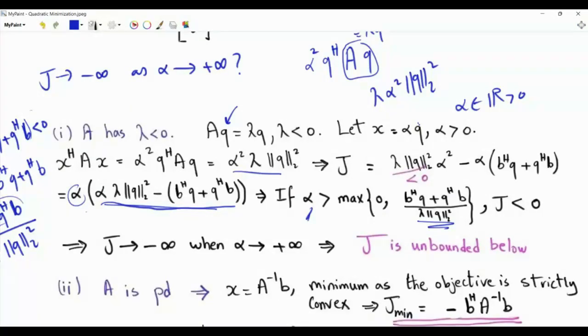The product is strictly negative, and the product actually is a function of alpha. So by pushing alpha towards plus infinity, note that the bracket here will become more and more negative. So basically J will tend towards minus infinity, indicating that our optimization problem is unbounded below. So this is the first case.